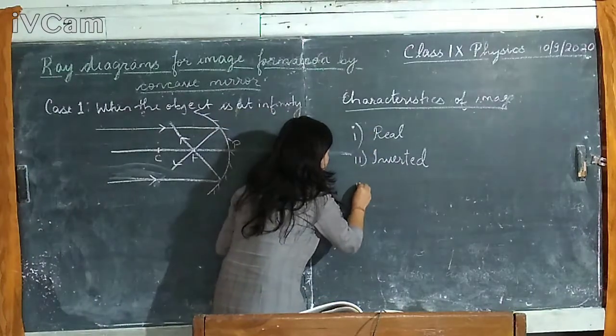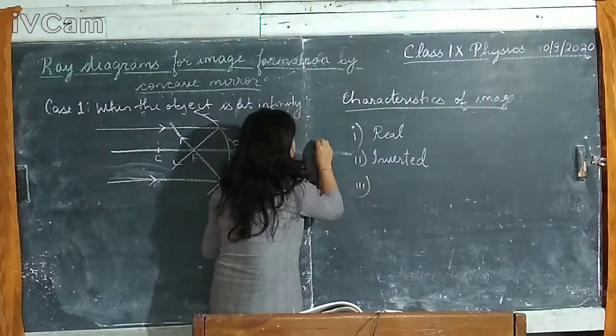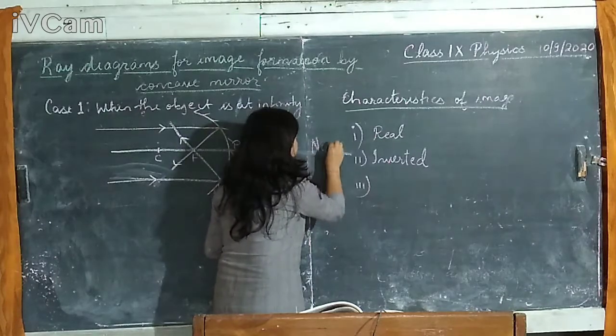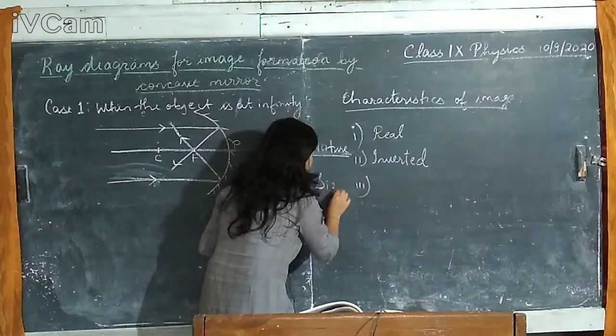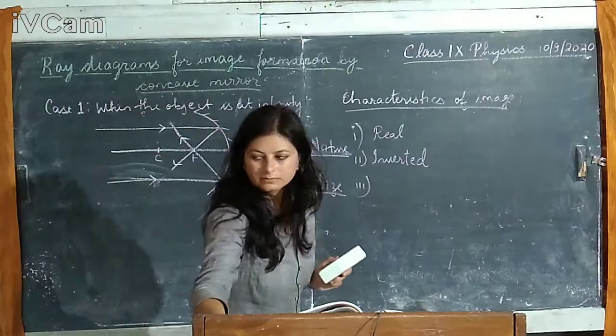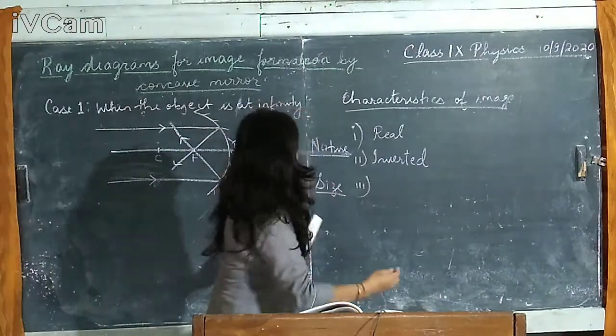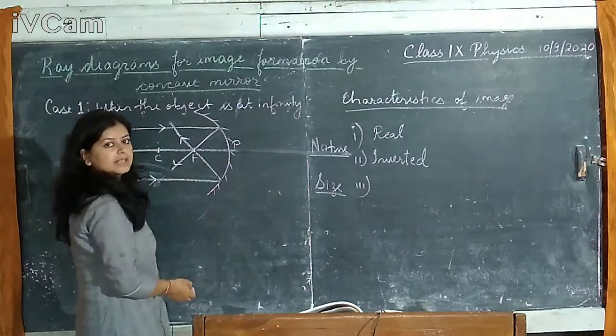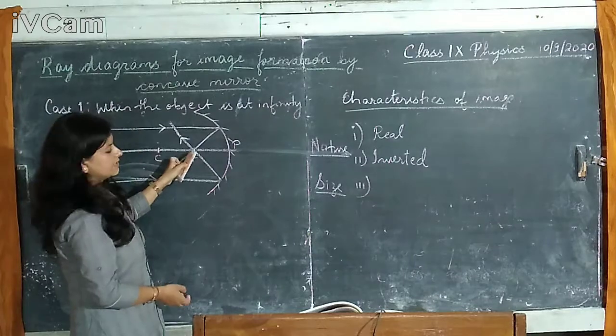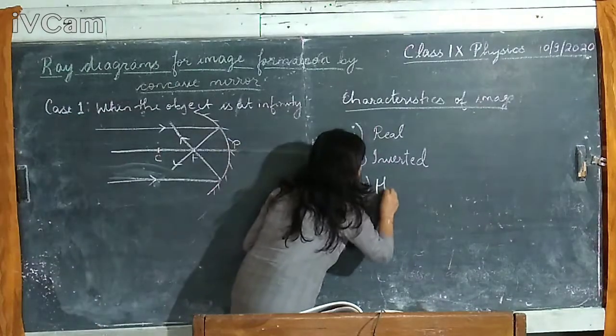Talking about size, so these 2 are the nature. This third point talks about the size. Now size, it looks very small if you compare the sun. Okay, the sun is very big but the image is very, very small. So the image is very small.